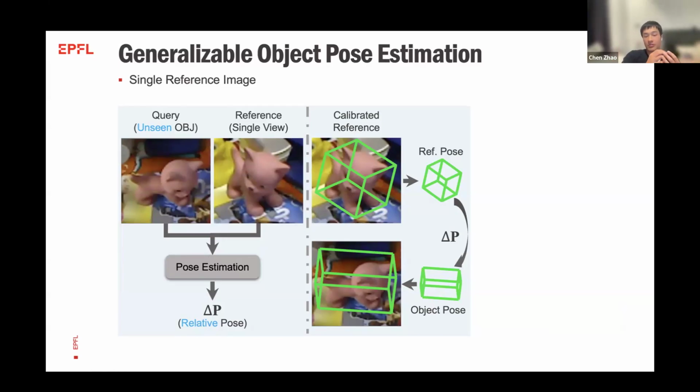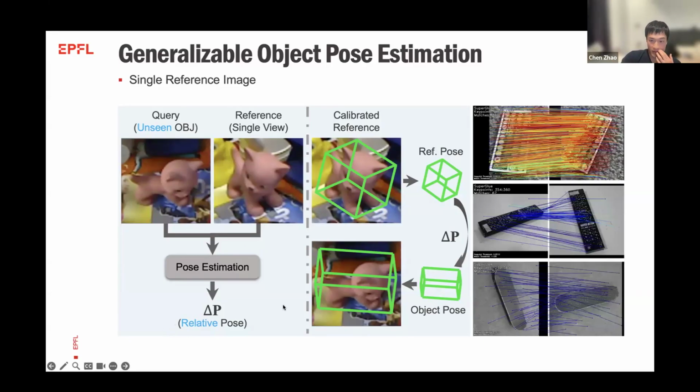We cannot really get the absolute pose for this query image. But if the reference is calibrated, meaning that we know the absolute pose for this reference image, we can derive the absolute pose for the query. Otherwise, we only have the relative pose in this case.